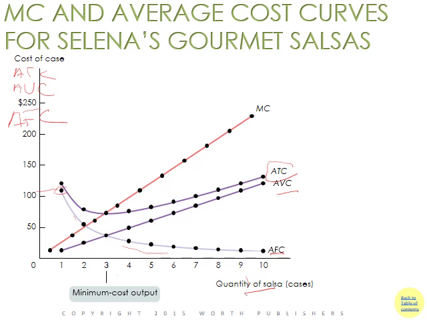And if we increase output beyond this, average fixed cost would continue to go down. And as quantity approached infinity, average fixed cost would approach zero. But the rate at which average fixed cost is going down is much slower than initially.